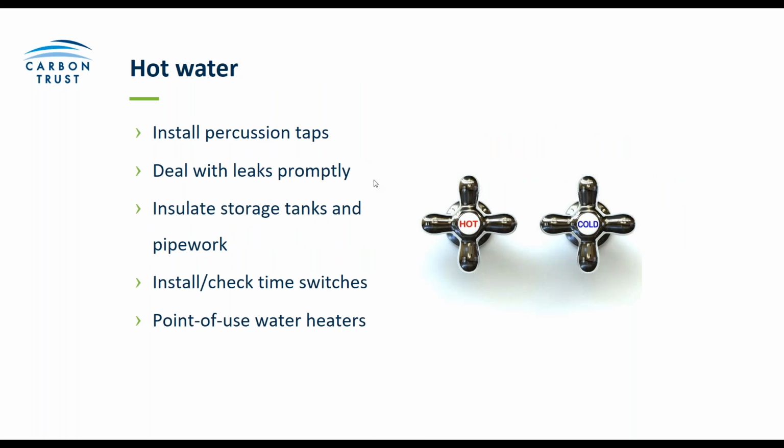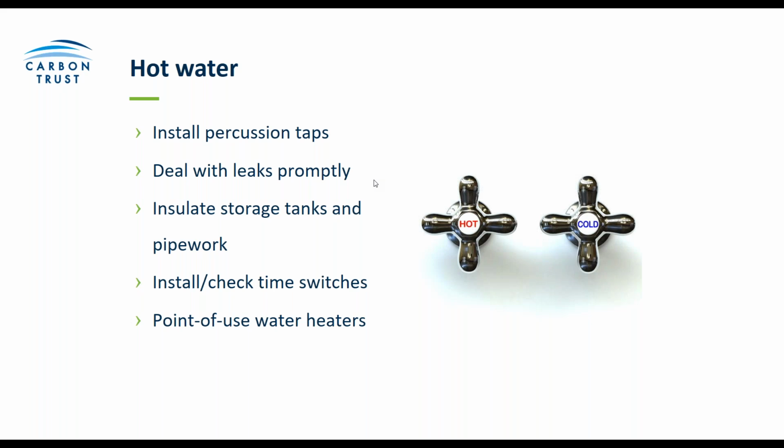Hot water is another area that we commonly would look at. And this is one where the school tends to be penalised twice, just given that you are often paying for both the actual water that you're using, but also the energy that's used to heat that water as well.